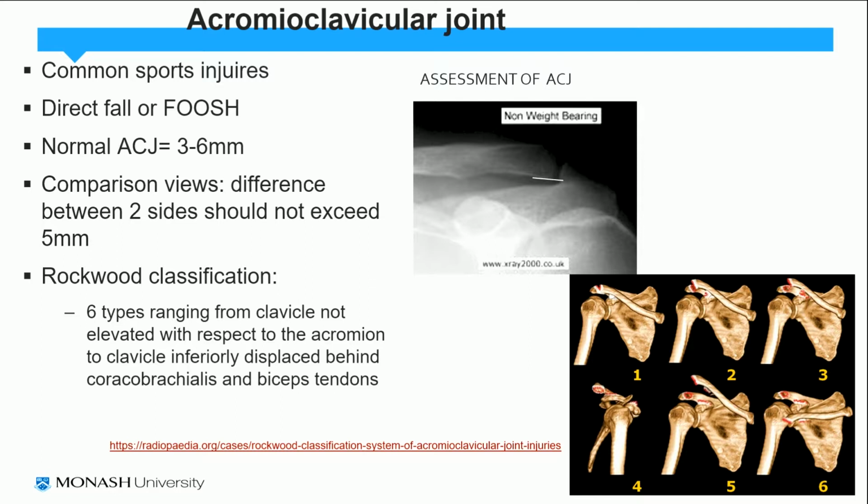AC joint dislocations can be classified according to the Rockwood classification, which has 6 types, ranging from a clavicle that is not elevated in respect to the acromion to type 6, where the clavicle has moved inferiorly and is displaced behind the coracobrachialis and the biceps tendons.